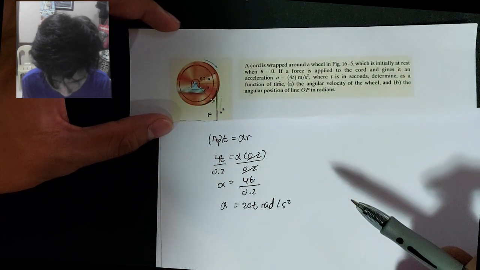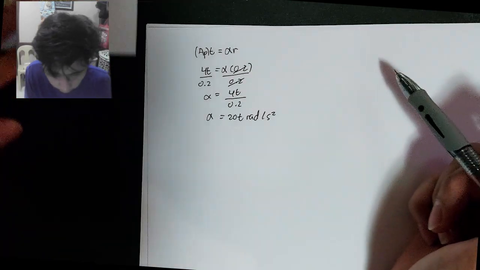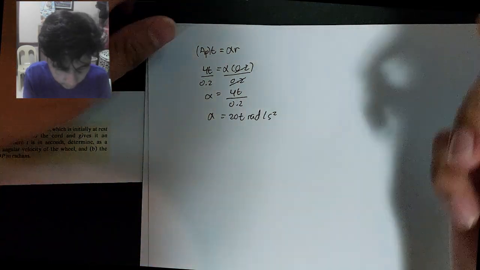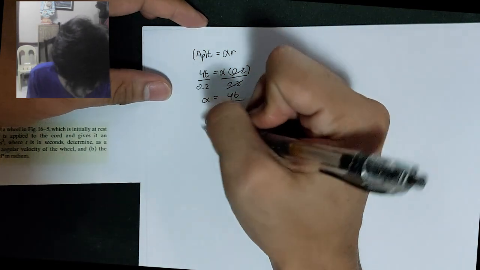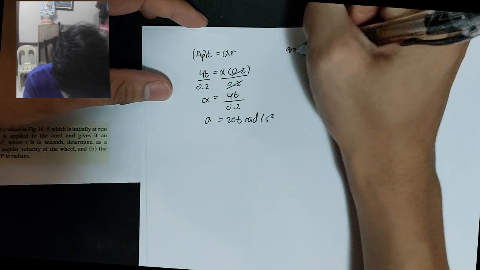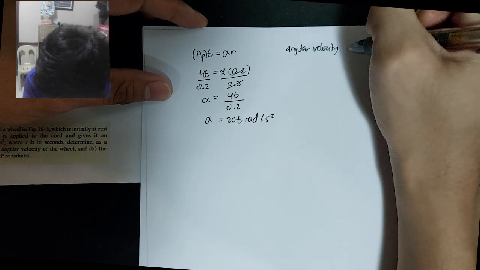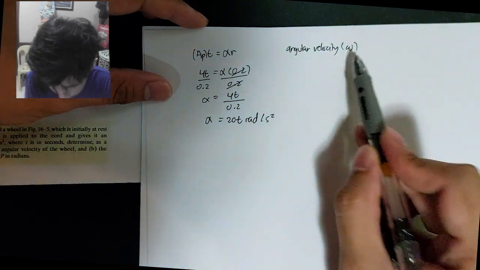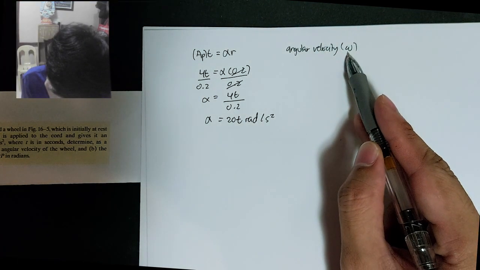That's what that means. Now we can solve for the wheel's angular velocity, omega.